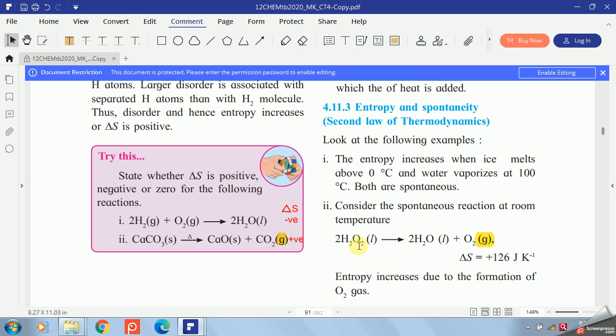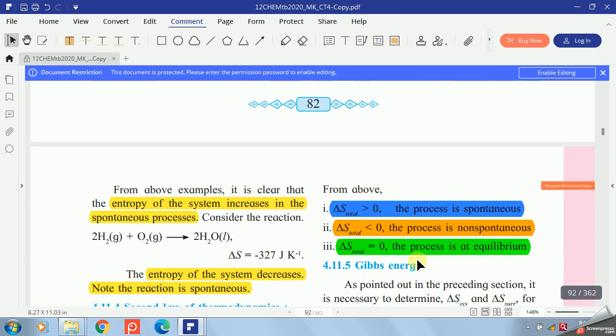Let us consider the decomposition of H2O2, hydrogen peroxide, into water and oxygen. Hydrogen peroxide is in liquid state but oxygen is in gaseous state, and we observe that the change in entropy is positive. This indicates that disorderness increases, entropy increases due to the formation of oxygen gas.